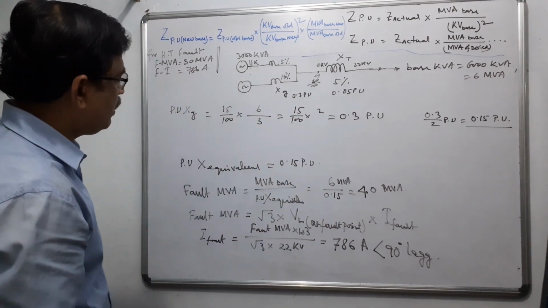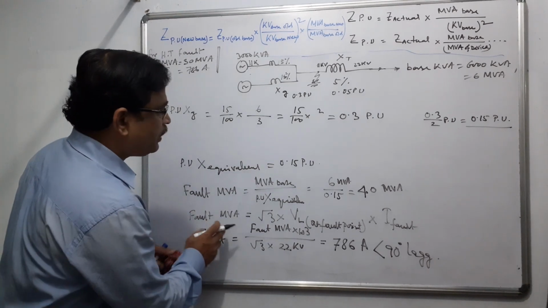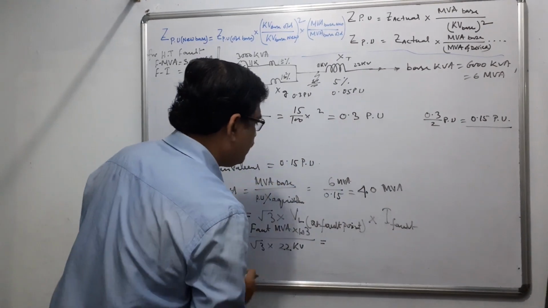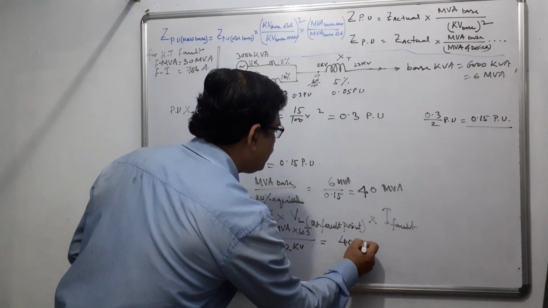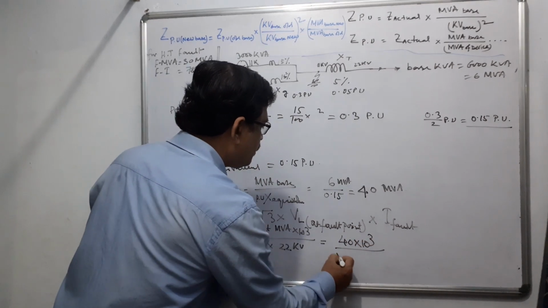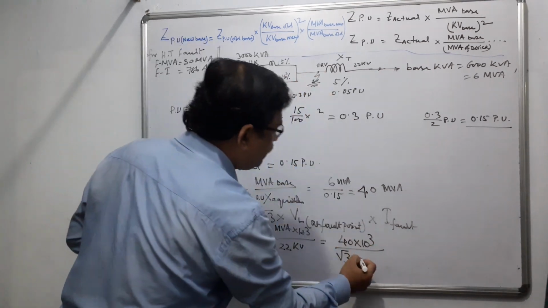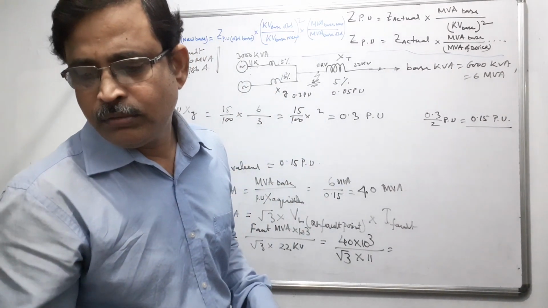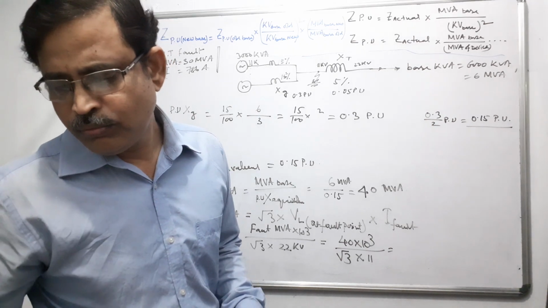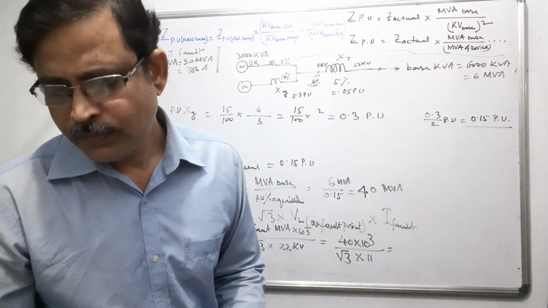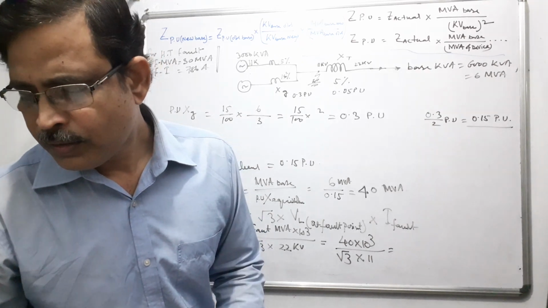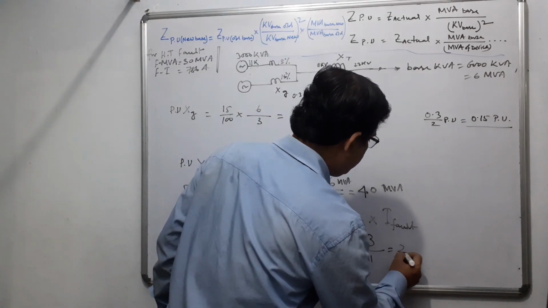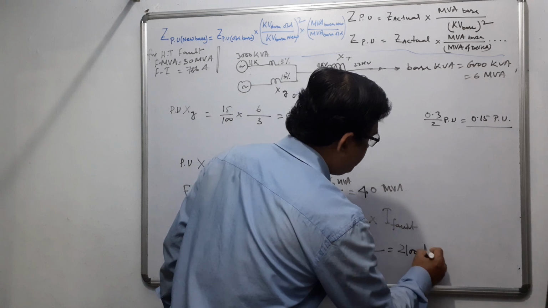Then 40 into 10 to the power 3 divided by root 3 into 11 kV, as it is on the LT side. Its value will be around 2100 ampere.